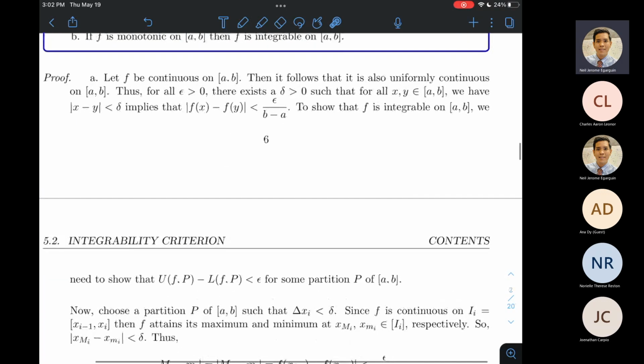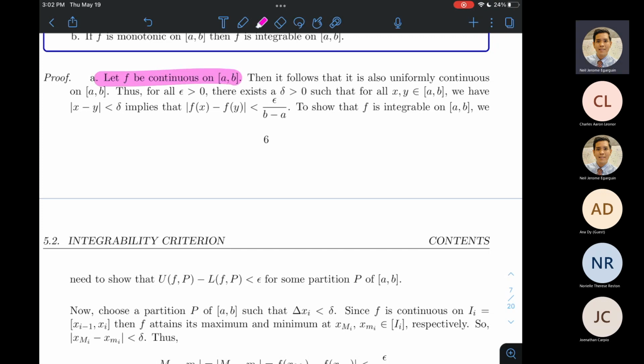Umpisa natin sa statement A. Kapag ka raw si f ay continuous. Okay. So ano ang alam natin? Si f ay continuous at bounded. So yun yung dalawa natin pwedeng magamit para siguro gamitin natin yung integrability criterion 5.1. Now, si f ay continuous sa closed interval AB.